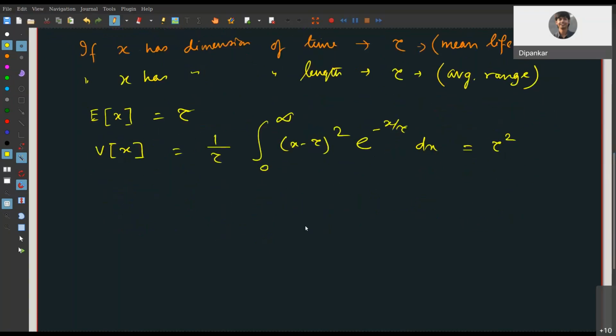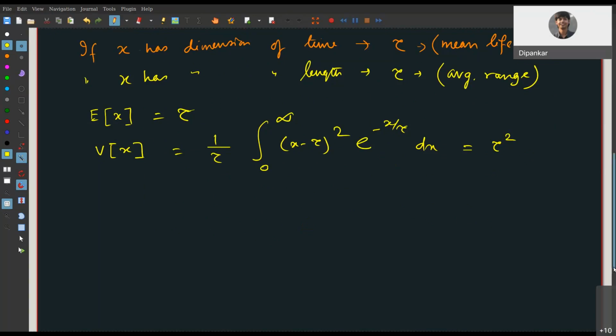So as you can see, the mean and variance are both controlled by the same quantity, which is tau. This is one distribution that is often very useful in our study of particle physics.